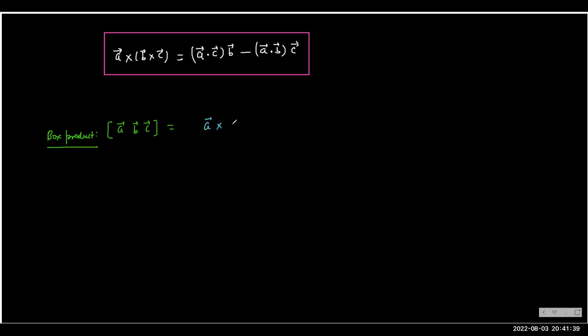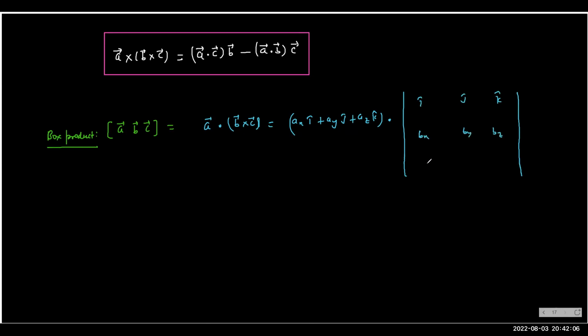A dot B cross C, you can write as AX I cap plus AY J cap plus AZ K cap, and the dot I have to take with the matrix of B and C, which is I J K, BX BY BZ, CX CY CZ.